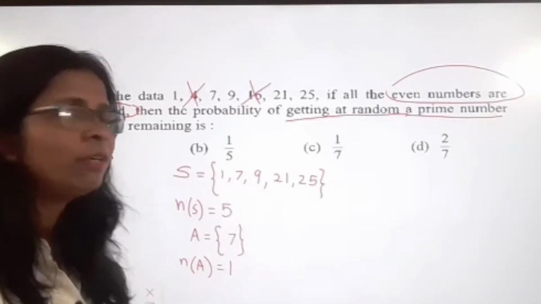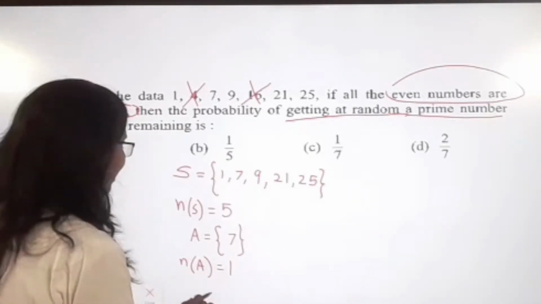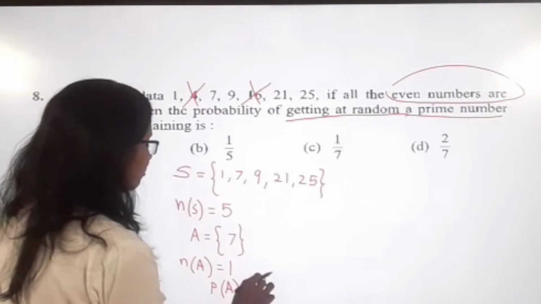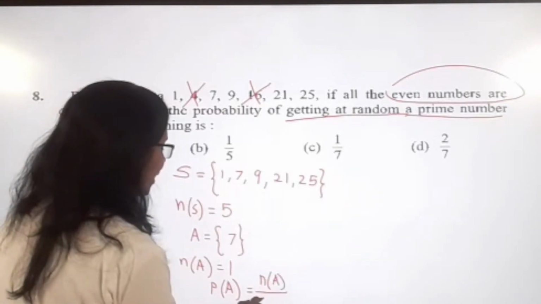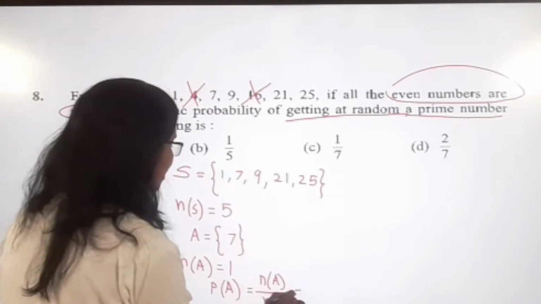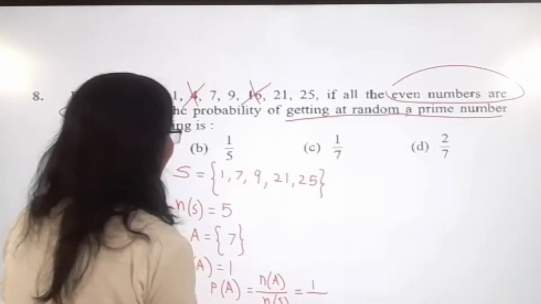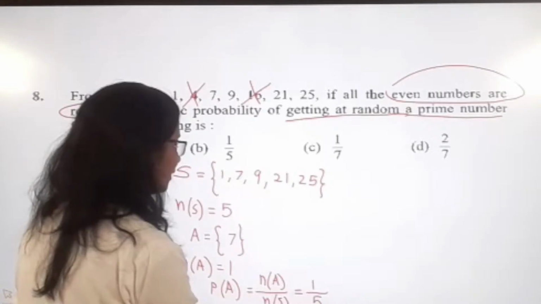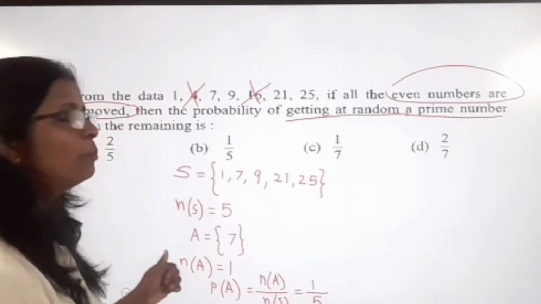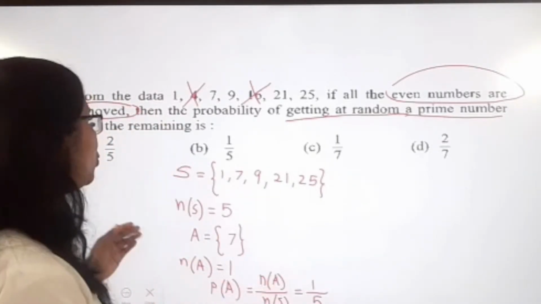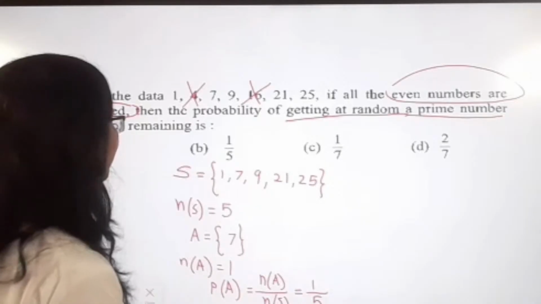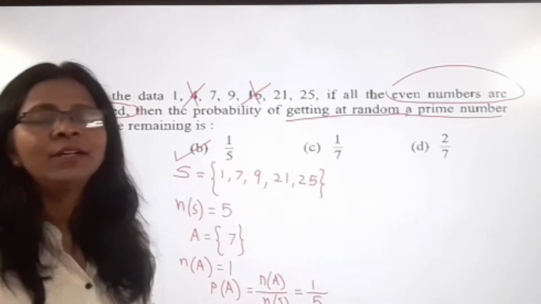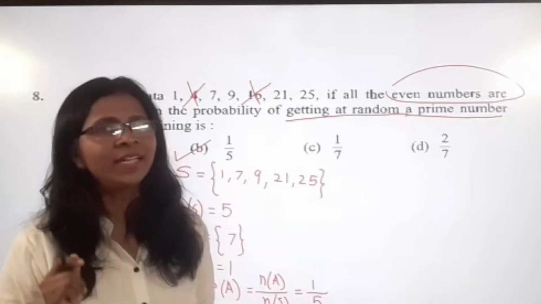So that means we have to calculate the probability. Probability of A is equal to n of A upon n of S. So n of A is 1 and n of S is 5. So 1 upon 5 is the correct answer. So here, students, option B, 1 upon 5 is the correct answer.